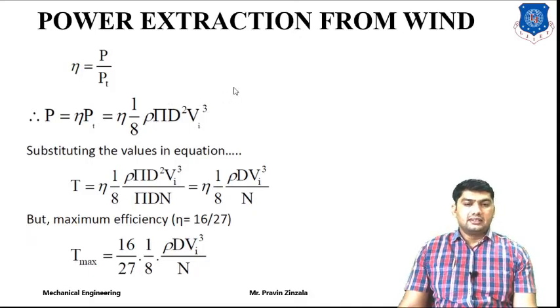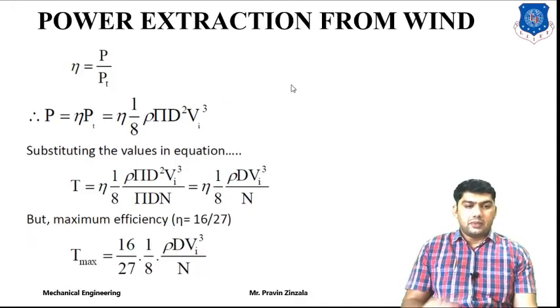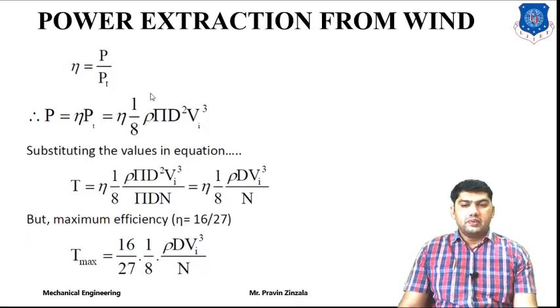In the previous lecture we derived the power available in wind. By 4 d square, we will get the total power equation is equal to 1/8 rho pi d square V cube.